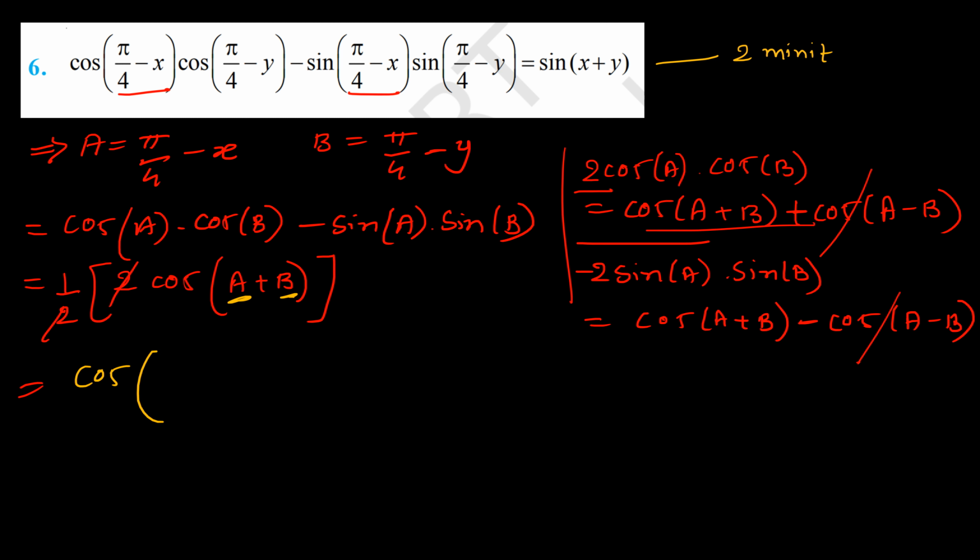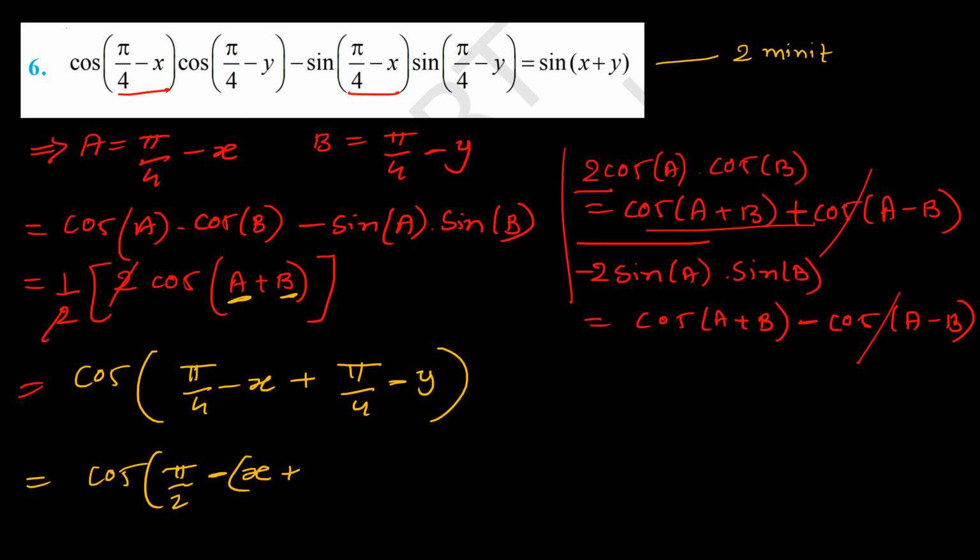So it is cos of (pi by 4 minus x) plus (pi by 4 minus y), and let us sum it. So it is cos(pi by 2 minus (x plus y)), right? Now as we know, cos(pi by 2 minus any angle) gives sin of that angle, so it is sin(x plus y), and we get the solution.